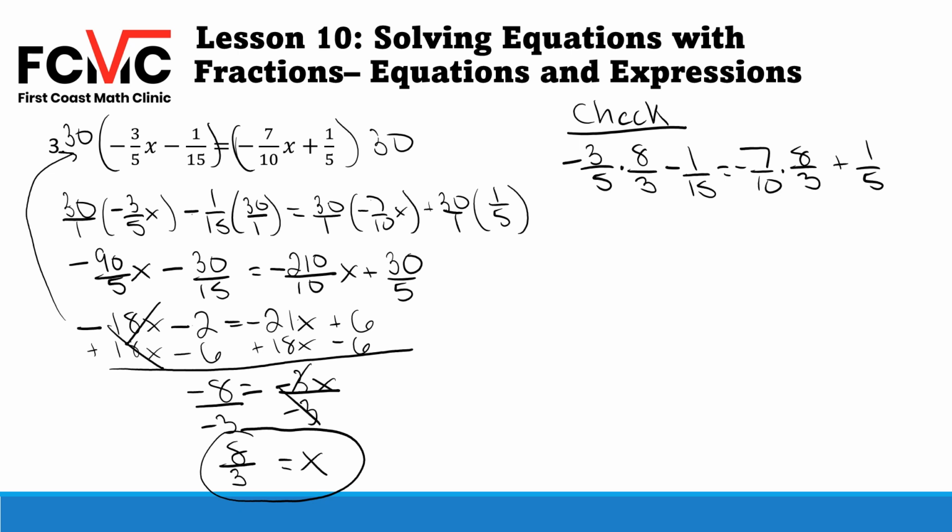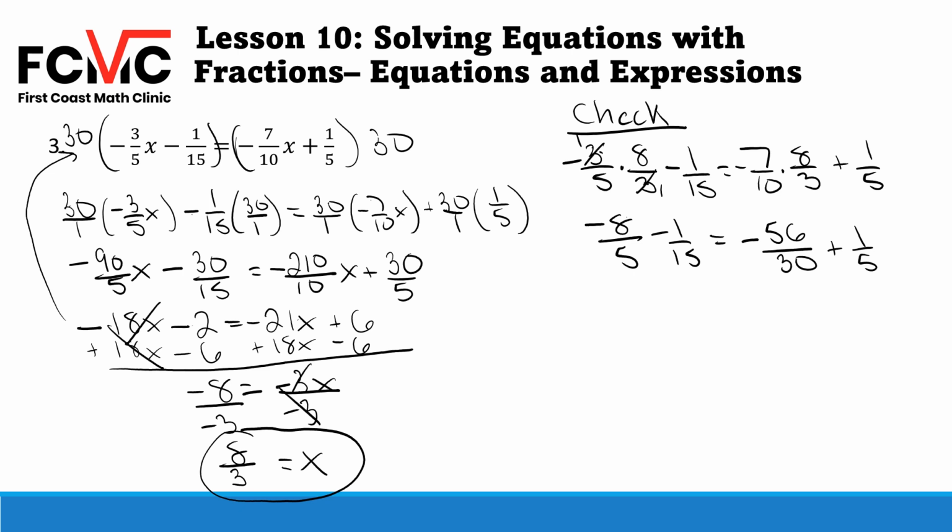So let's simplify. To make this a little bit easier, we can divide out 3 and 3 in the numerator and denominator. And then when I multiply, we're going to get negative 8/5 minus 1/15. And on the right side, negative 56/30 plus 1/5.